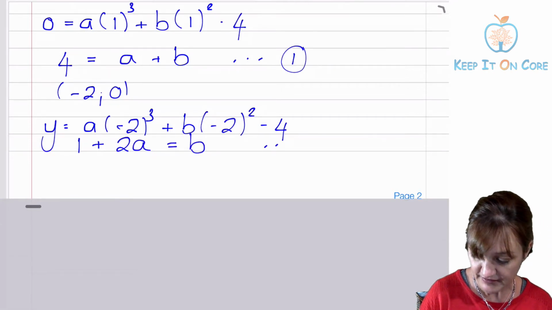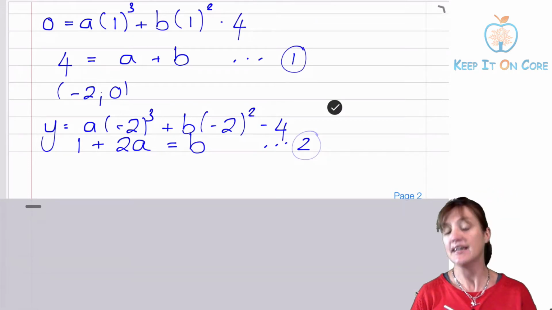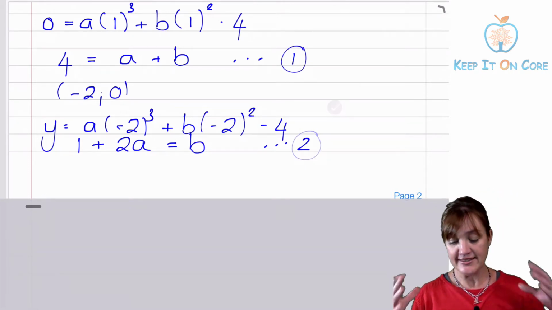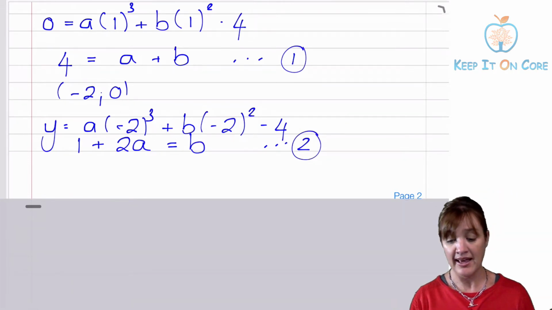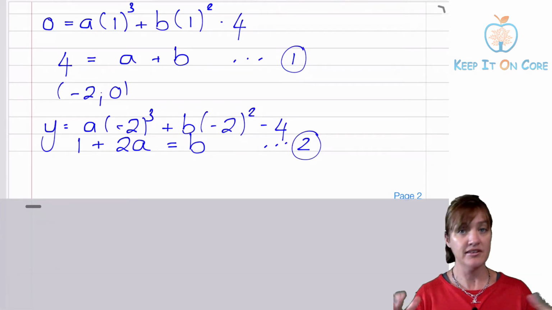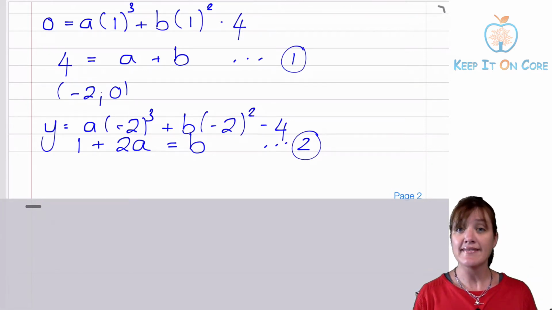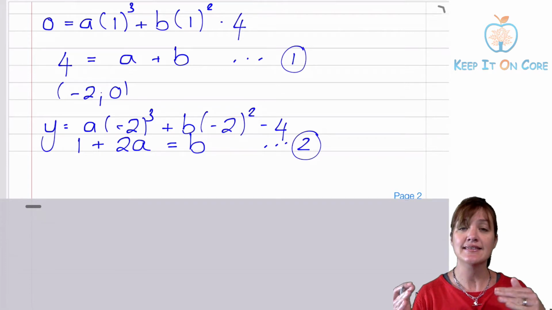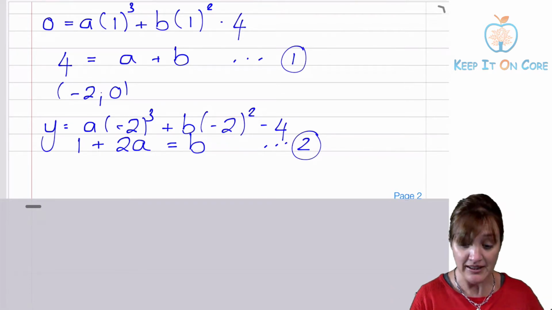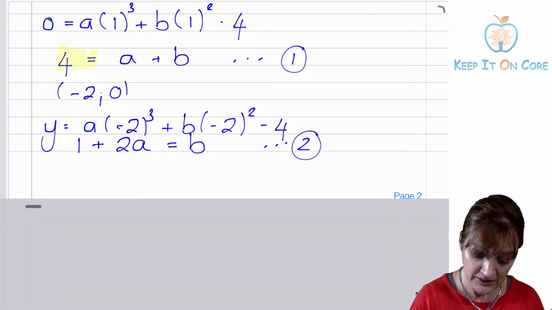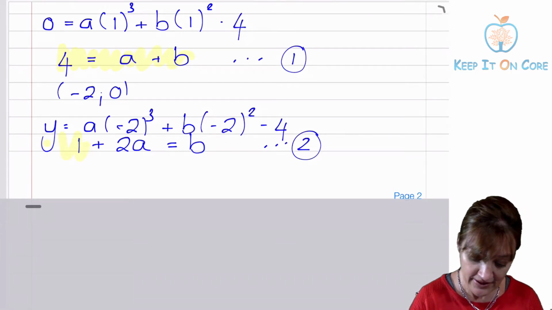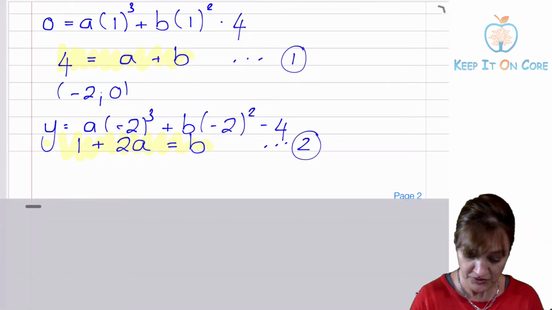That's equation 2. So what have I done? I substituted those two other points into the x's and the y's of the equation. The reason is that I'm trying to create a simultaneous equation, which I've done, because we've got equation 1 and equation 2.